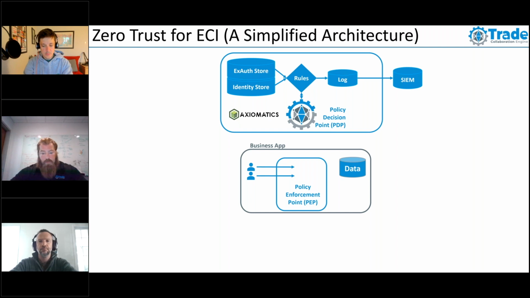So the policy enforcement point has two jobs. It intercepts the transaction and it passes the information, the user and the data attributes, over to the PDP, right? So that's job one. Job two is enforcing the decision, either allow or deny decision that is returned from the policy decision point, right? So that's what's happening within the policy enforcement point. And this is how we automate red light, green light for data.